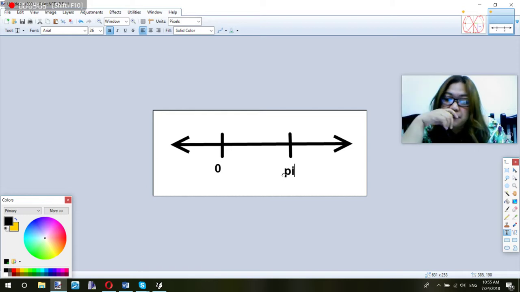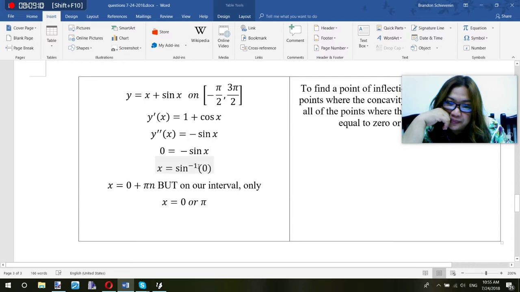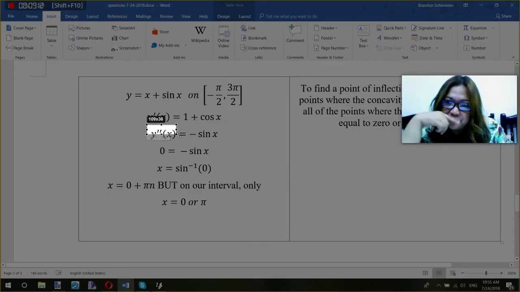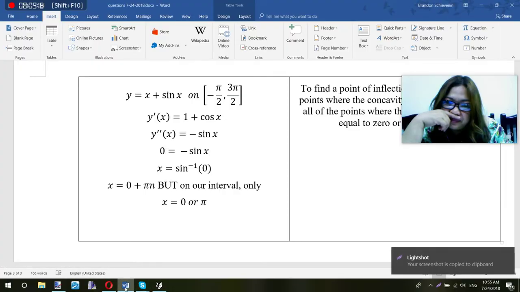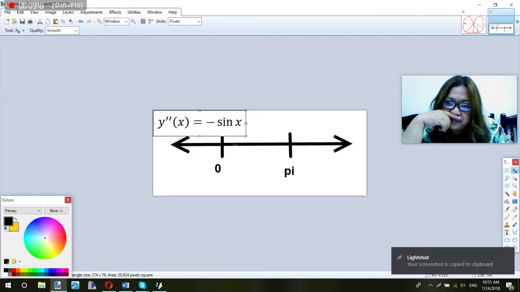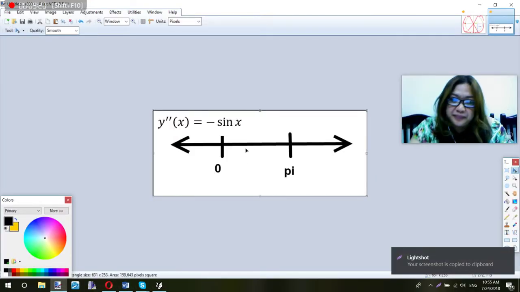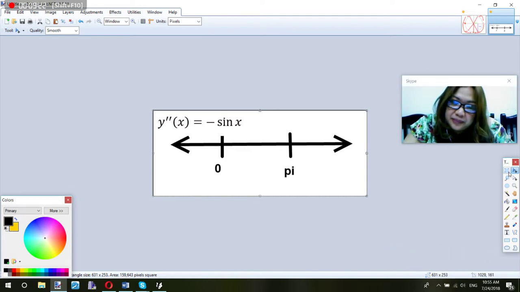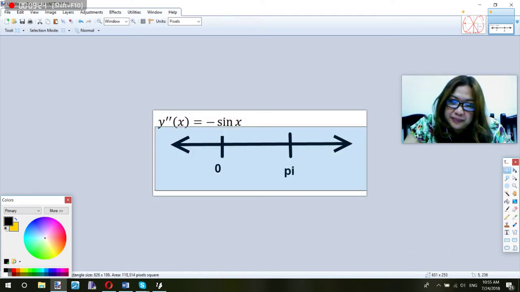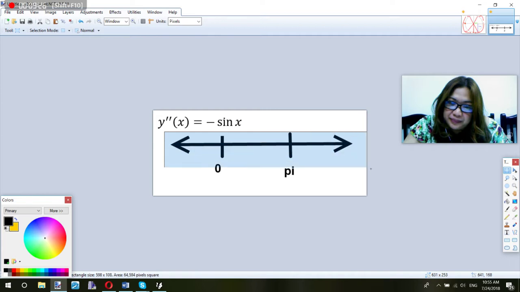So what I want to do is plug in points that are around these two values into our second derivative, to see what happens to the concavity. So I'm going to move this down just a little bit.